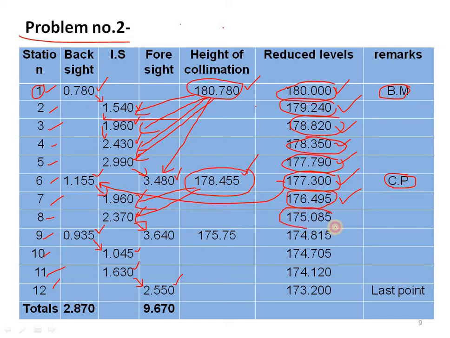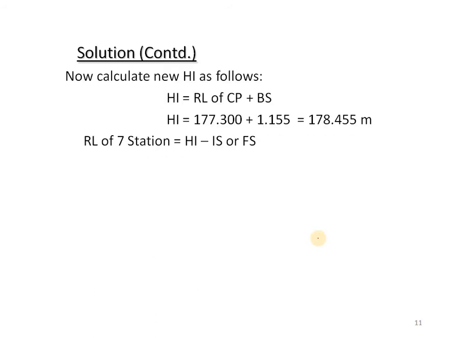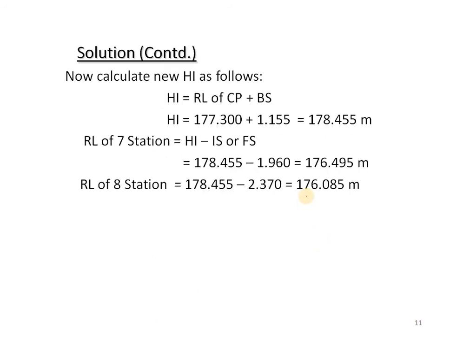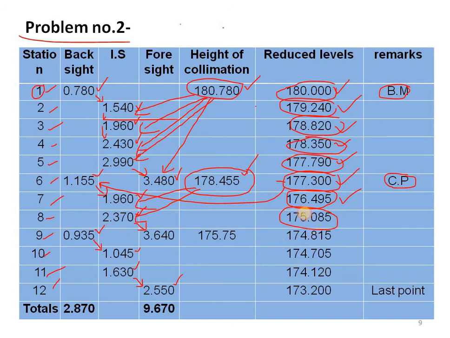Here 175 came mistakenly, so we have to write 176.085. Let us check here whether the answer is that one or not. Yes, the answer is 176.085. Okay, so make it a 6, 176.085.